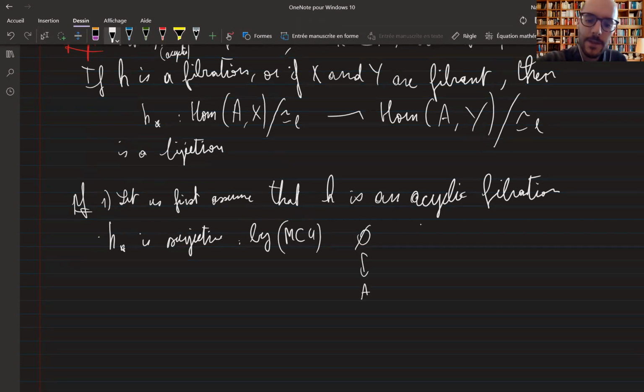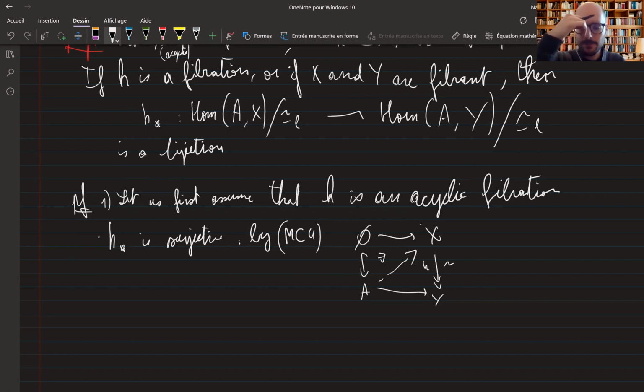this diagram like this. A is cofibrant. h is an acyclic fibration. And so there exists, as I said before, a right inverse of h. And now, because h is a fibration, this is not just up to homotopy, this is an actual right inverse. There exists some right inverse that I'm going to call rho.